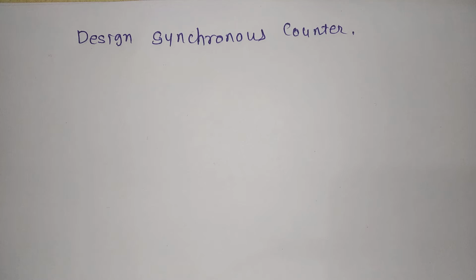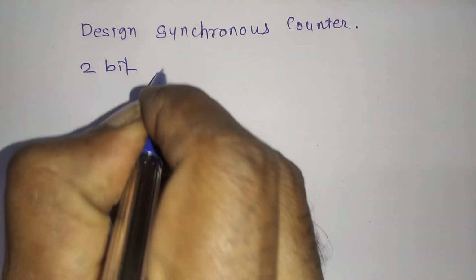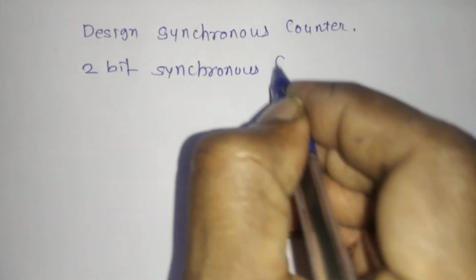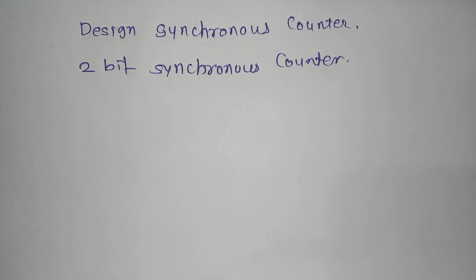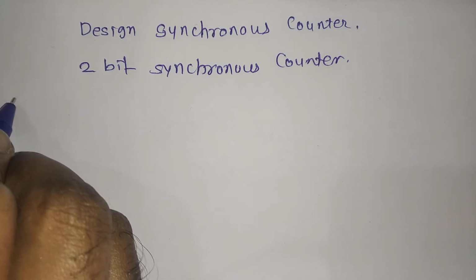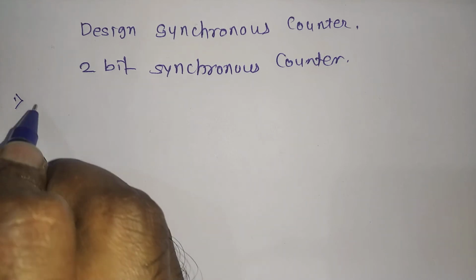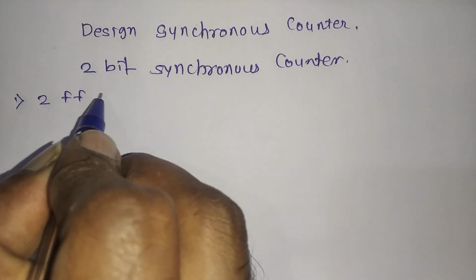Now, let us take the steps for designing the synchronous counter. In this example, we are going to design a 2-bit synchronous counter. The first step is, if there is a 2-bit synchronous counter, then we need 2 flip-flops to design the counter.